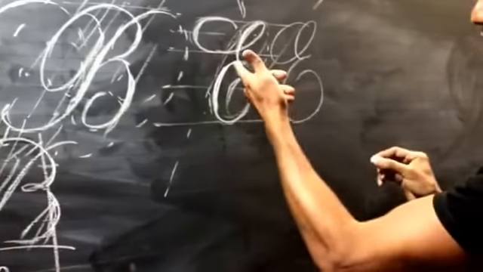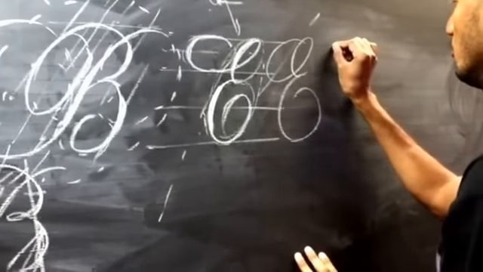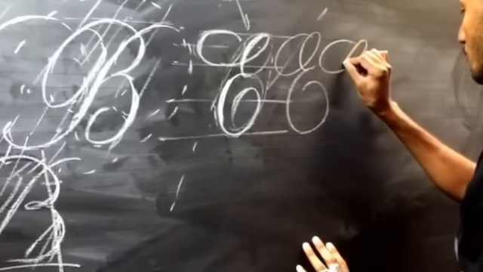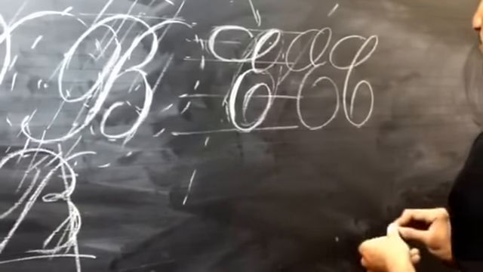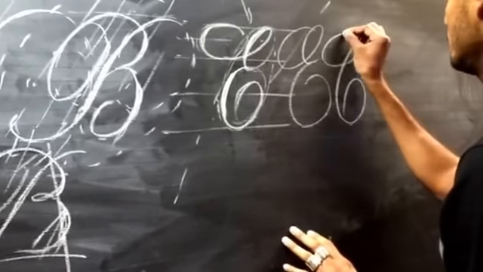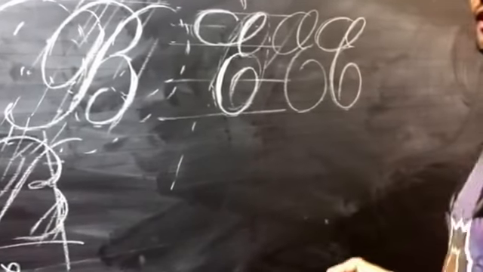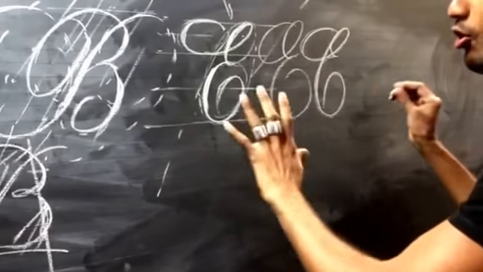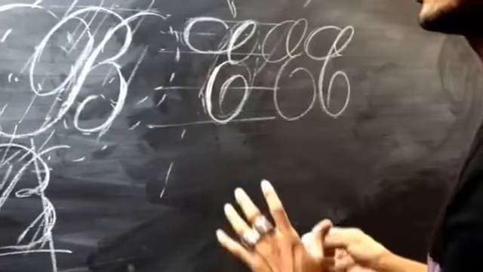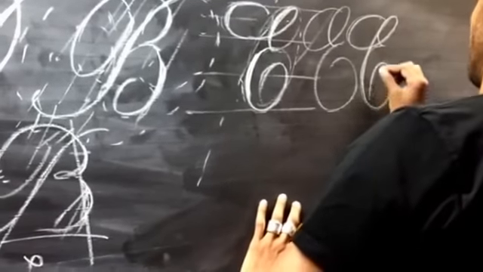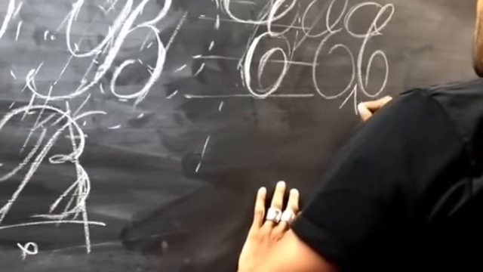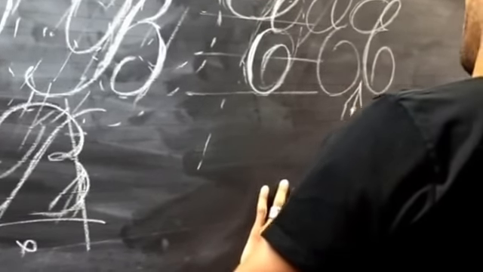If you really wanted to look at this again, you could say, well, what about the C? Because of course the C is the E. So it's all about tight ovals and keeping the nib facing the direction of the script.